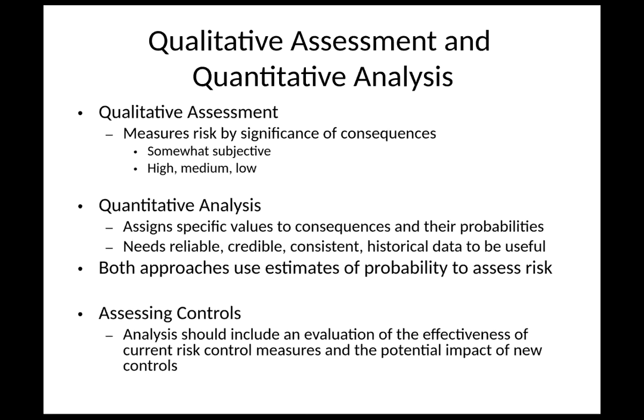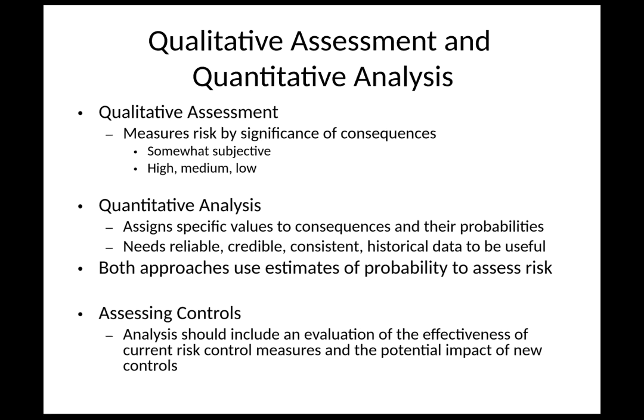And what you'll find on there is that you'll assess some risk by high, medium, and low, or maybe some type of severity thing. And it's getting a group of people together to actually kind of talk about some of these risks. And so it is going to be somewhat subjective when we talk about a qualitative assessment.